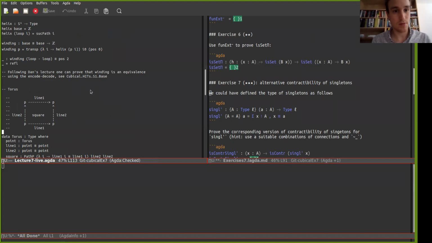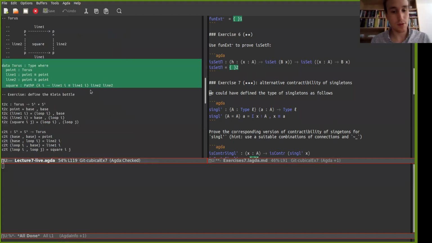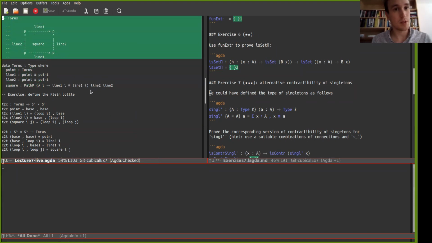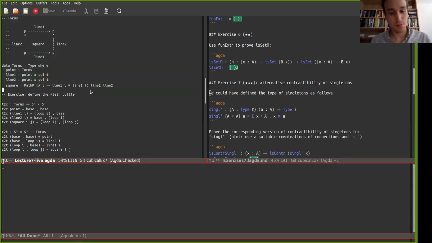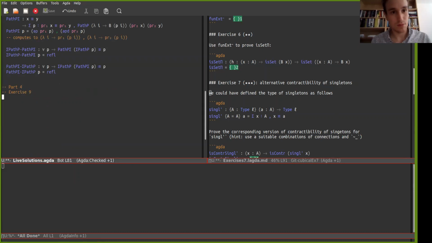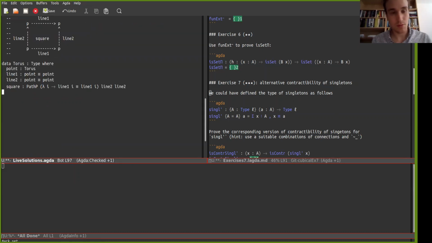There we go. So this is the torus. Maybe I can copy it with the... and the idea is that we want this to be the line.